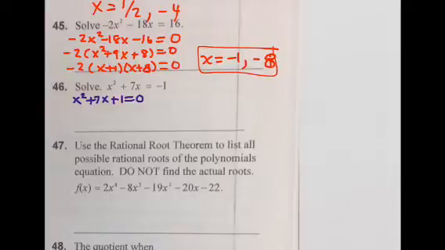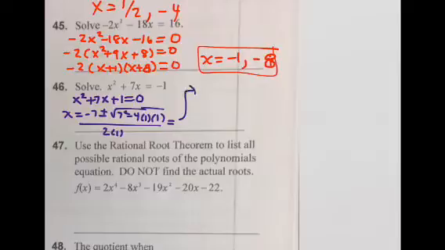This one does not factor, so this one you do have to use the quadratic formula. So you get x equals negative b plus or minus the square root of b squared minus 4 times a times c, all over 2a. Let me write it up here.